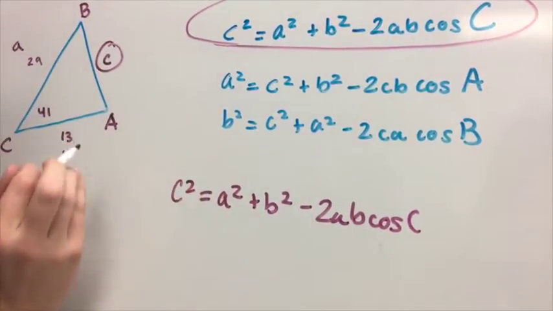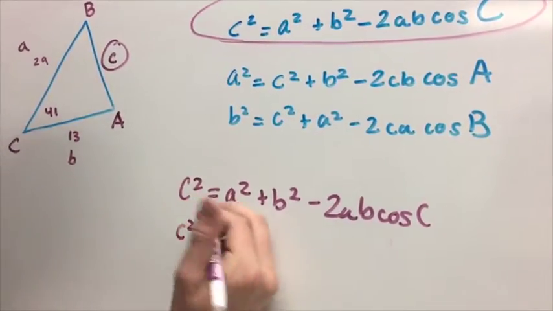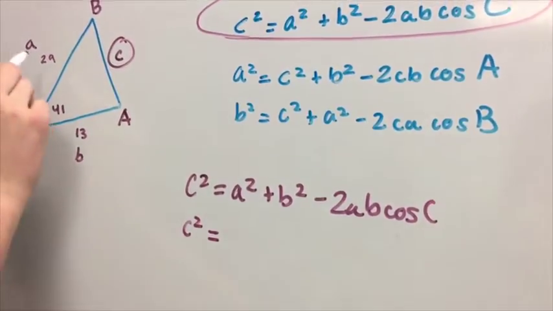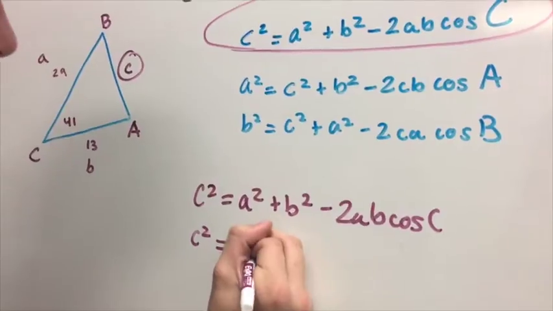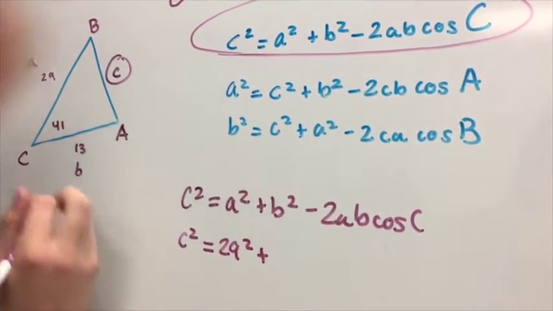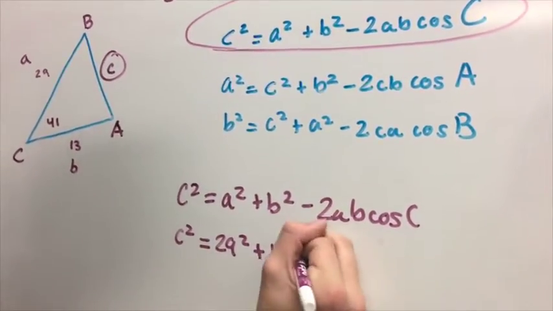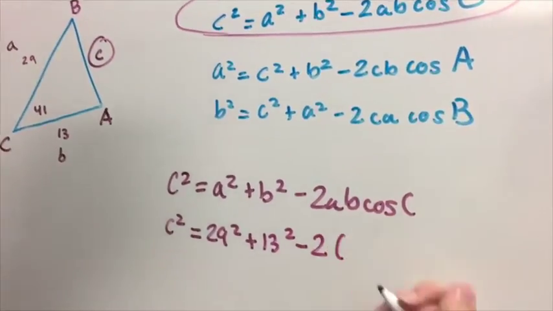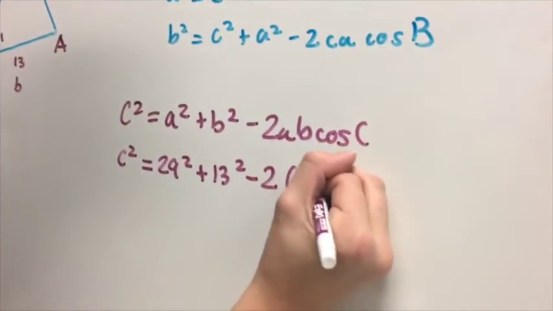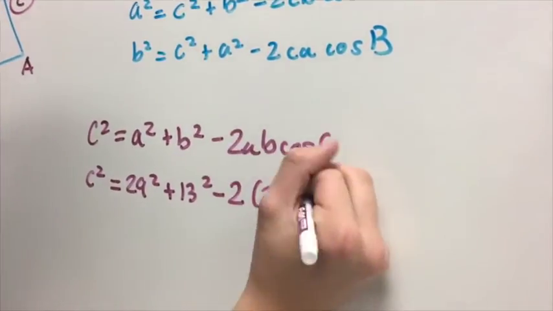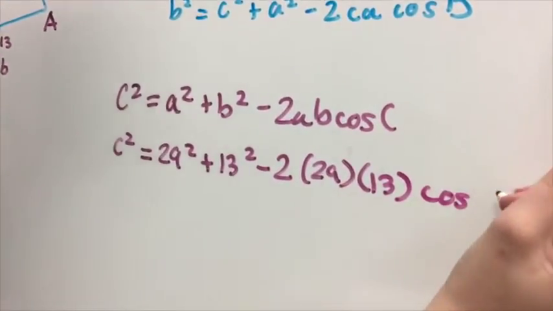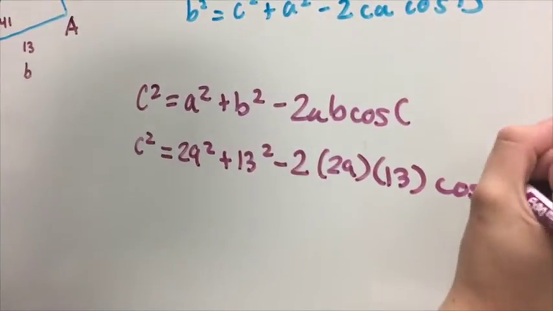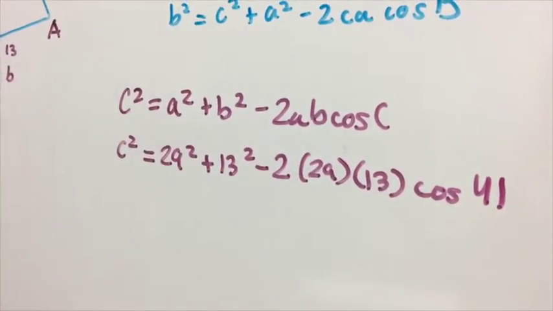The c squared we don't know yet, so we'll leave that as that. A squared, so this is the a right here, the lowercase a, so we'll fill in 29 squared plus b, which is 13 squared, minus 2 times, we'll use 29 again for a, and then for b we'll put 13, cosine of c, and c is 41, so we put 41.